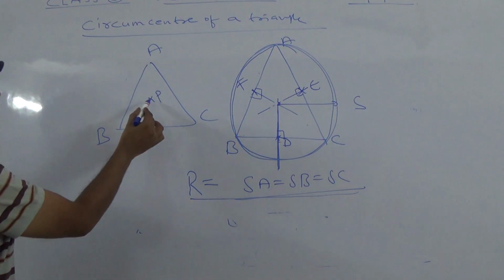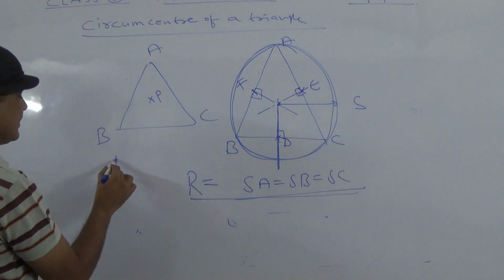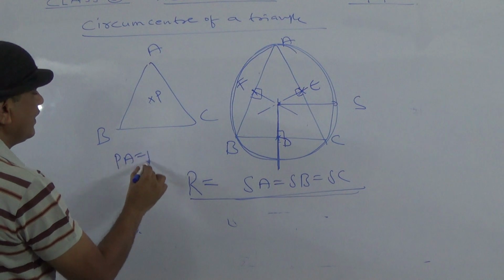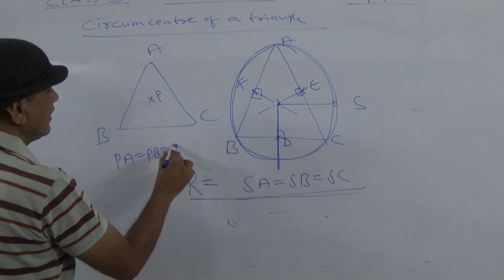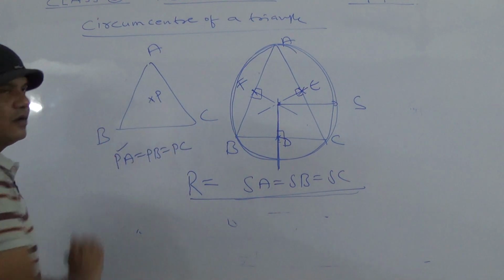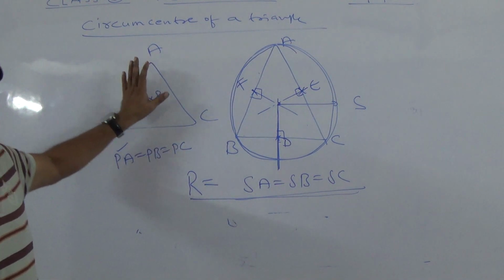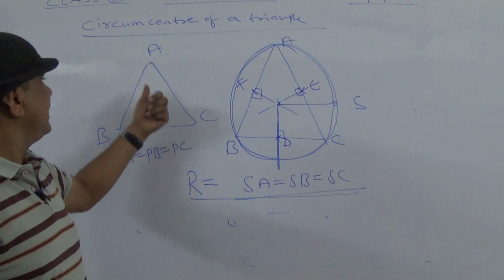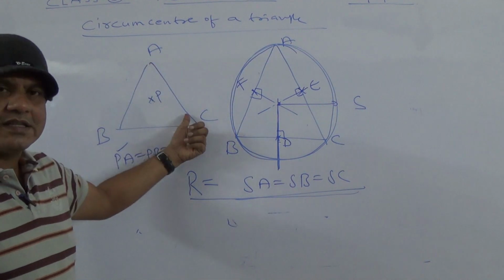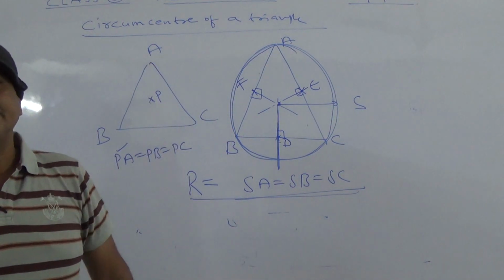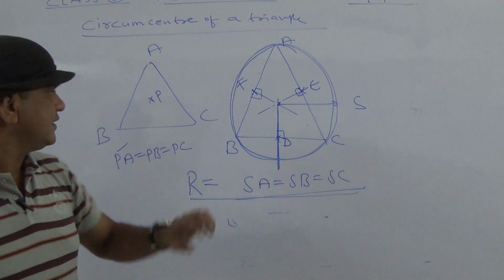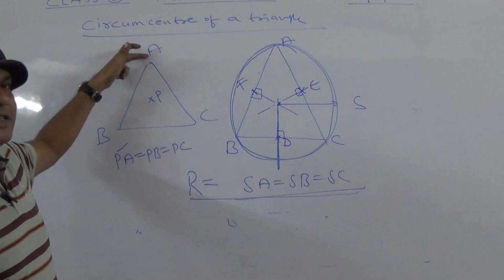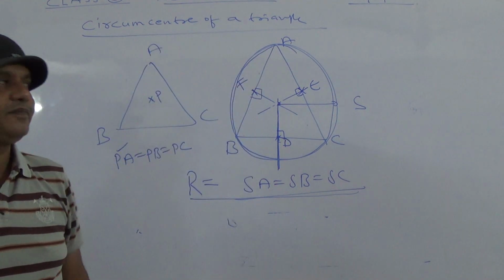If P is equidistant from the vertices, that means PA is equal to PB is equal to PC, then P is called the circumcenter of the triangle ABC. Any point which is equidistant from the vertices is the circumcenter. The distance between the circumcenter and a vertex is called the circumradius.